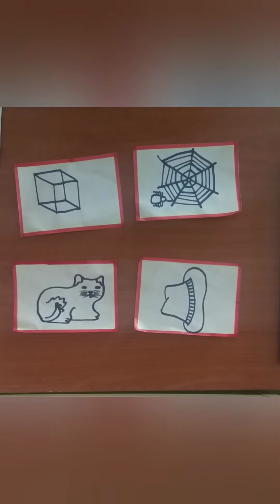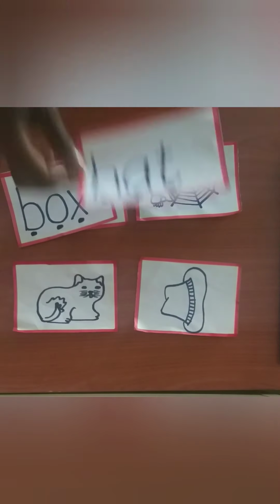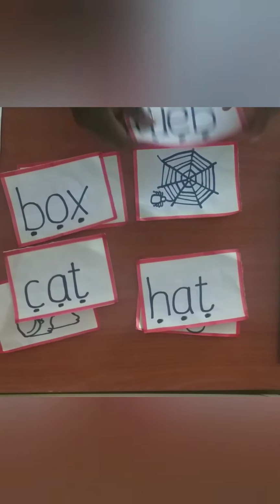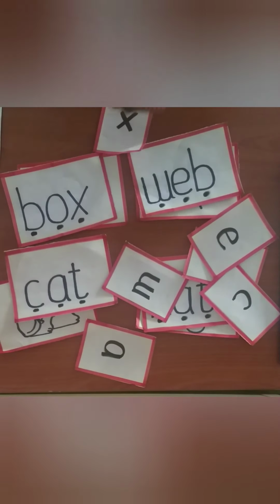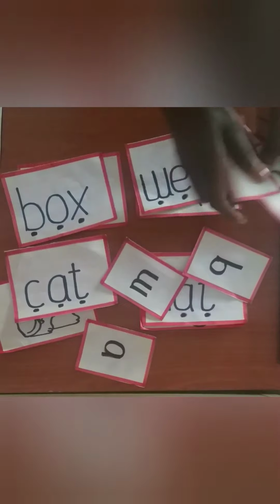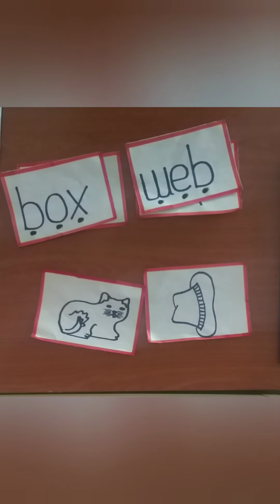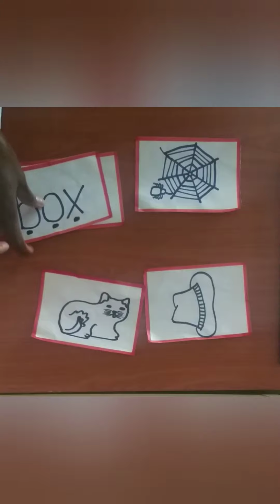I have these pictures that I'm going to use, and they also have the words that are accompanying them. And then they also have the individual letters for these words. So I actually just made these things, in case some of you may be thinking, no, I don't have materials to do this activity.